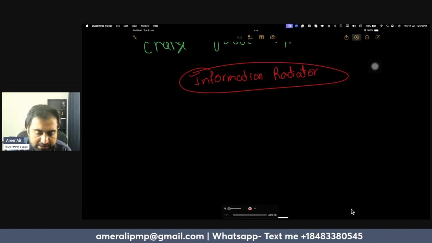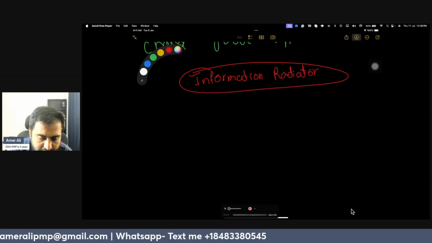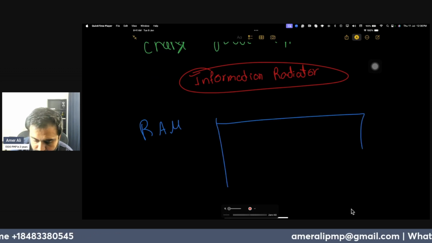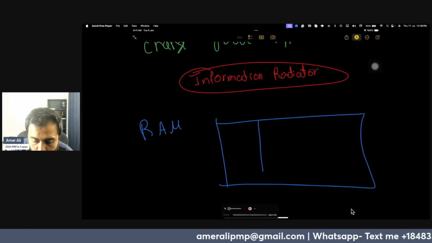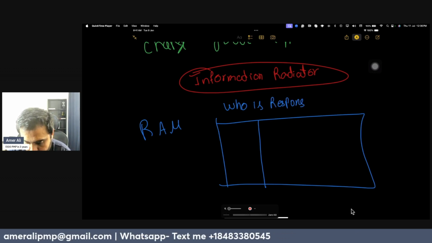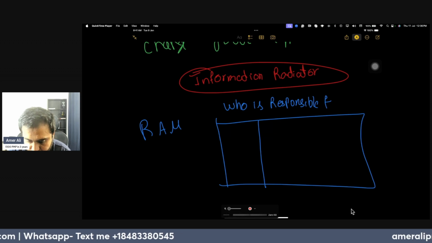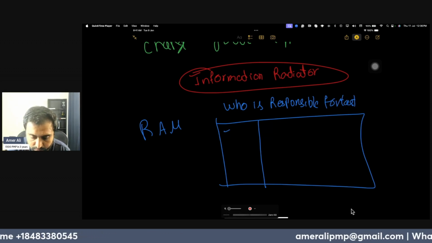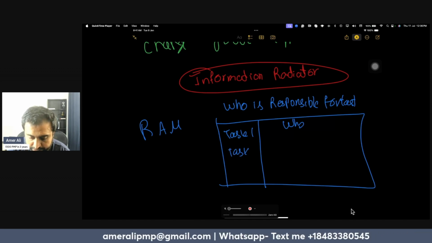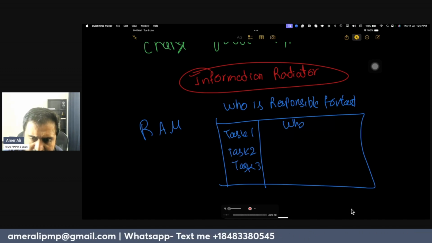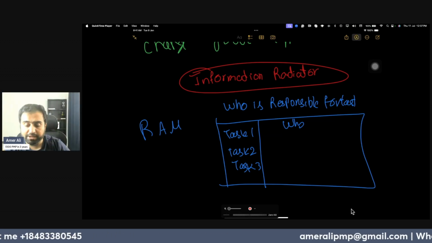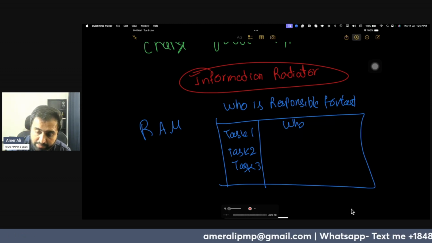It can be charts, etc. For example, RAM is a simple matrix where it is written who is responsible for a task. Task 1, who is responsible. Task 2, name of a person. Task 3. Many organizations use this information radiator. You put it in the room, open, and that becomes an information radiator.